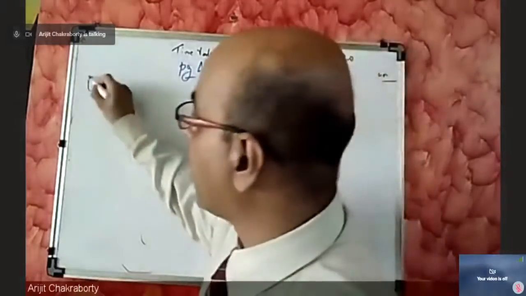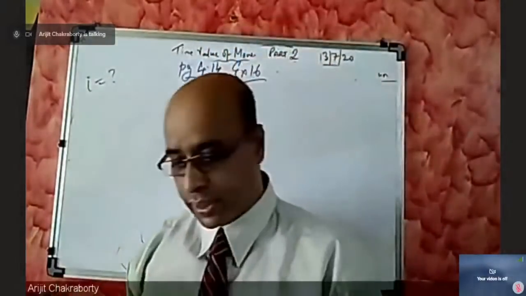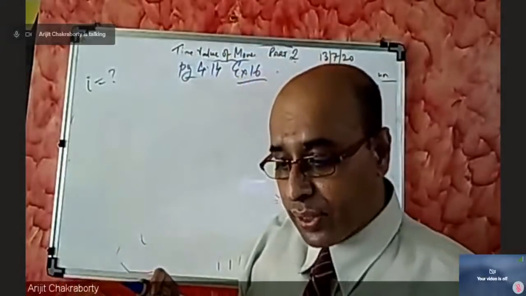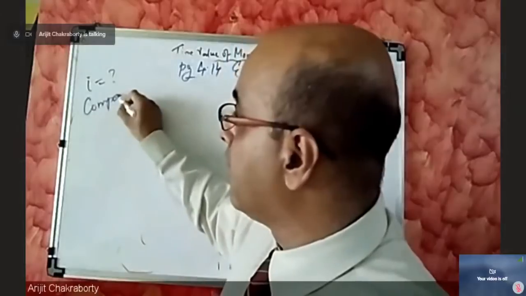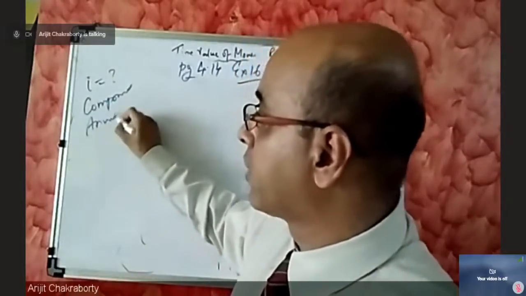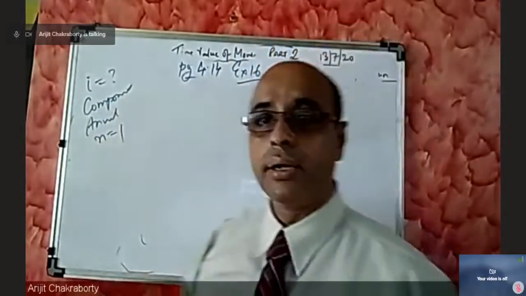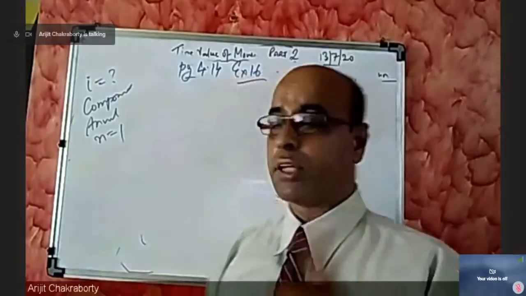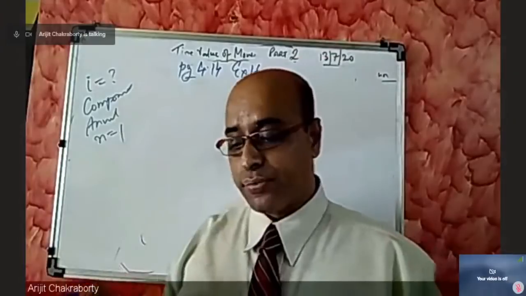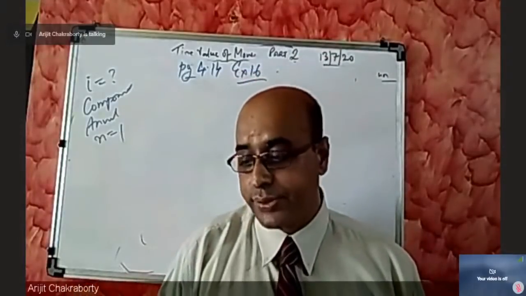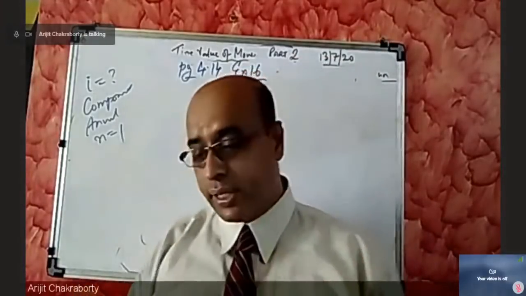What annual rate of interest compounded annually? So we have to find out I. Interest is not given. So it's a case of compounding and it is annual, so n is equal to 1. Compounding once a year, conversion period is 1. What annual rate of interest compounded annually doubles an investment in 7 years?